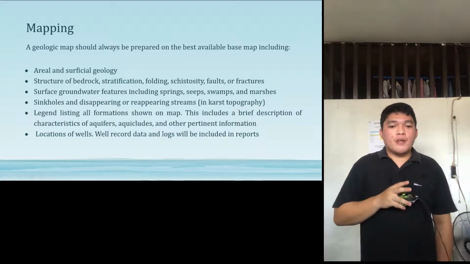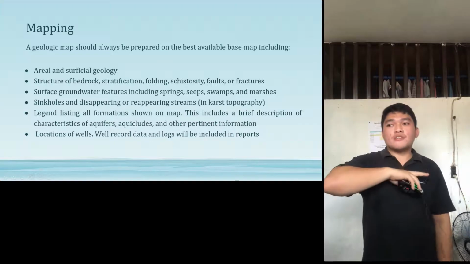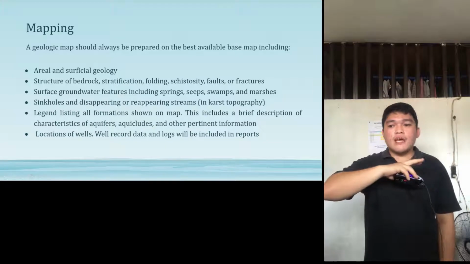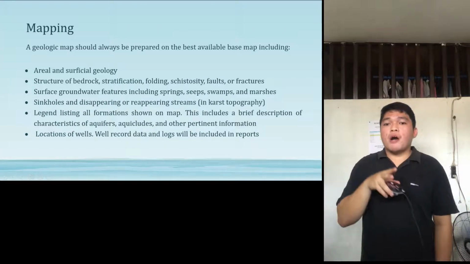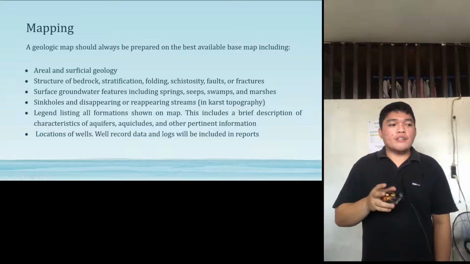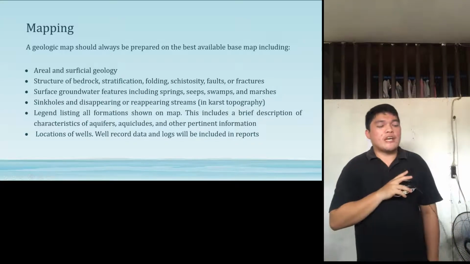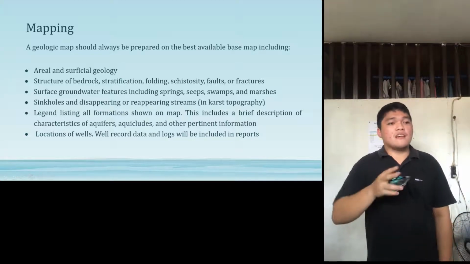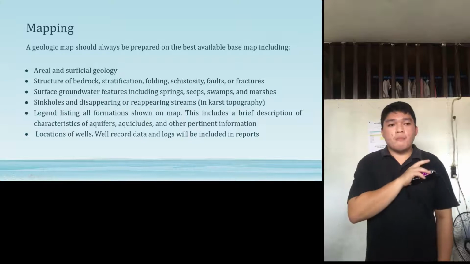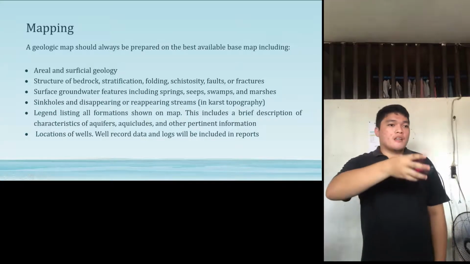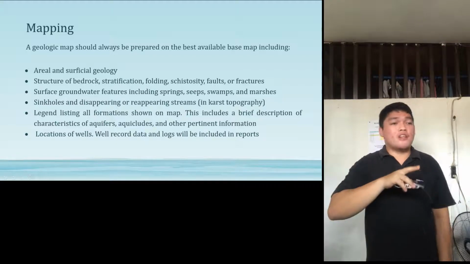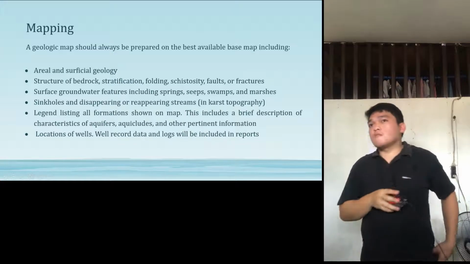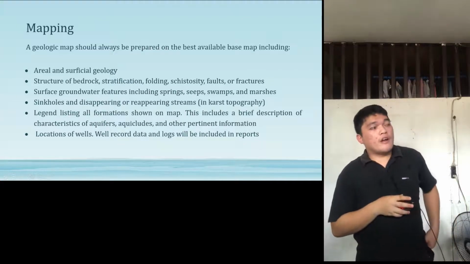Like if we go to the site, and we see new sources of water, or we have discovered new sources of water like new rivers, new lakes that do not exist in the past data, this is where we include it in our new map. We must include it for our investigation.